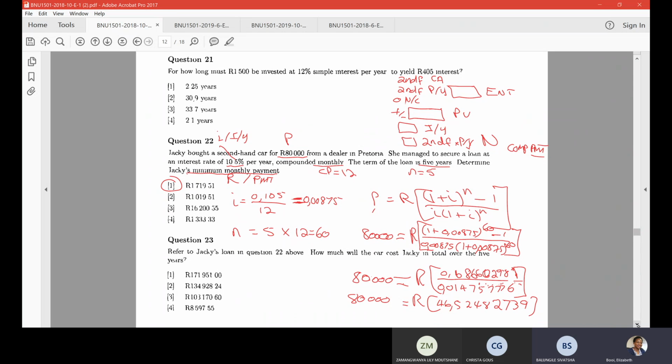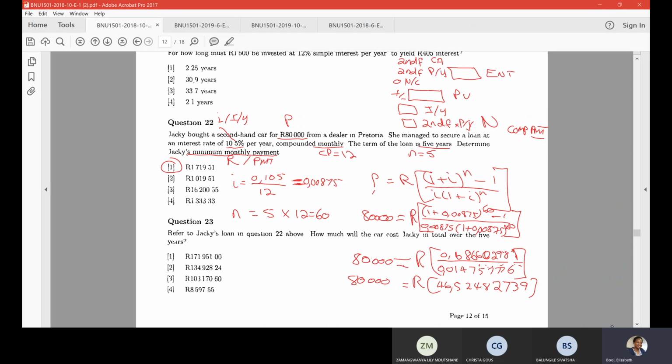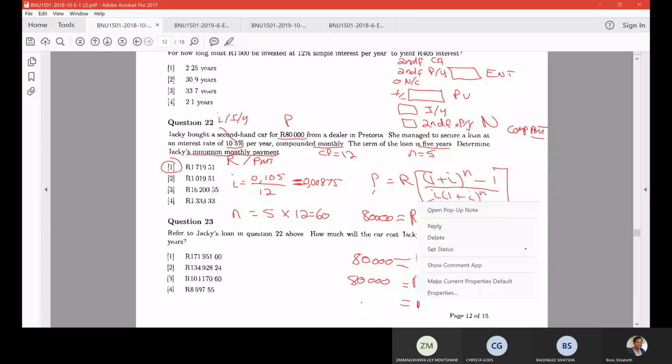The 80,000. You divide the side by 46.52.